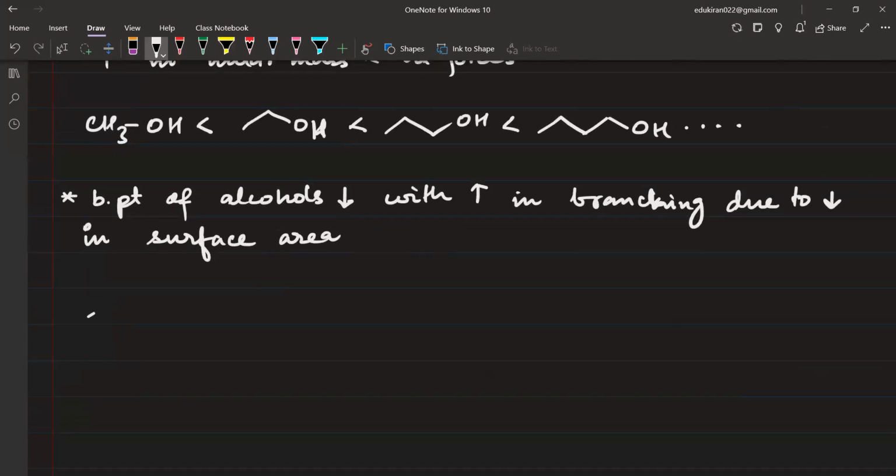Okay, so if I have five carbon atoms, let us take four also. 1, 2, 3, 4 carbon atoms and OH. This is straight chain. And if I increase the branching here, as you can see, the branching has increased. I can increase the branching even more.